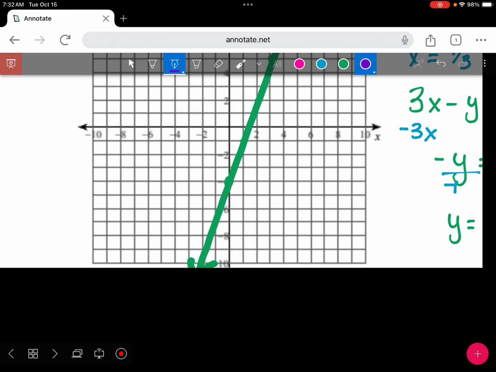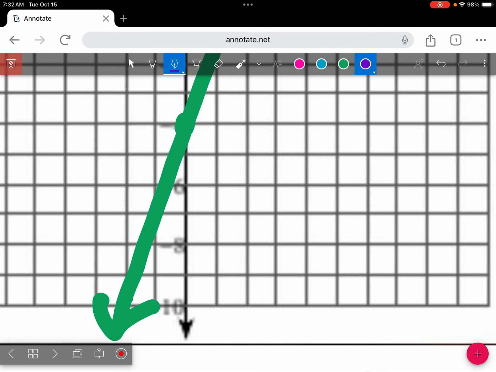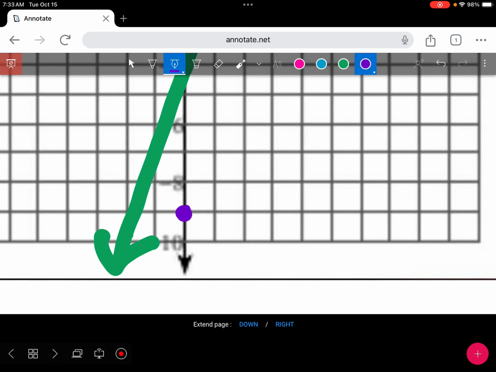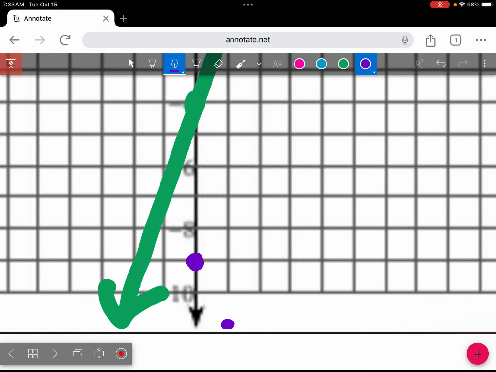I don't even need to do anything else. So where am I going to start when I plot my line? -9, down here on my y-axis. How do I find my next point? Down 2, right 1 would absolutely work. Unfortunately, I do not have down 2 spaces that I can go. I can kind of guess it's going to be here-ish, but that's not super accurate. What else could I do? Up 2, left 1. So as long as I flip both, I can do that.